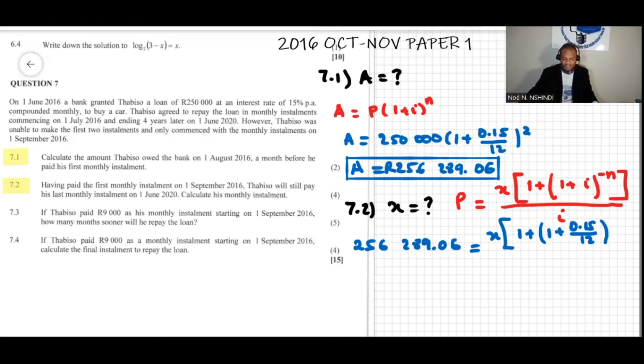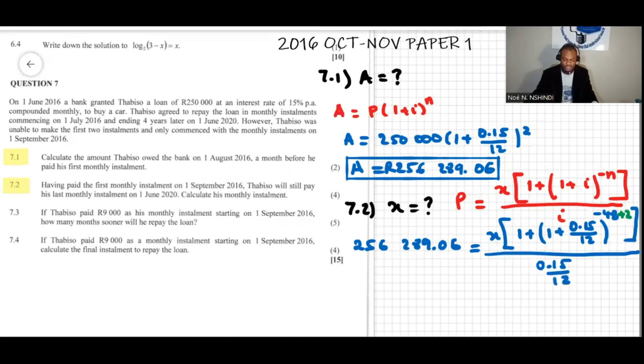How many months now? Because 4 years will be 12 times 4, so negative n will be negative 48. But because of the 2 months delayed, we're going to add 2 here. And then all this over 0.15 over 12.